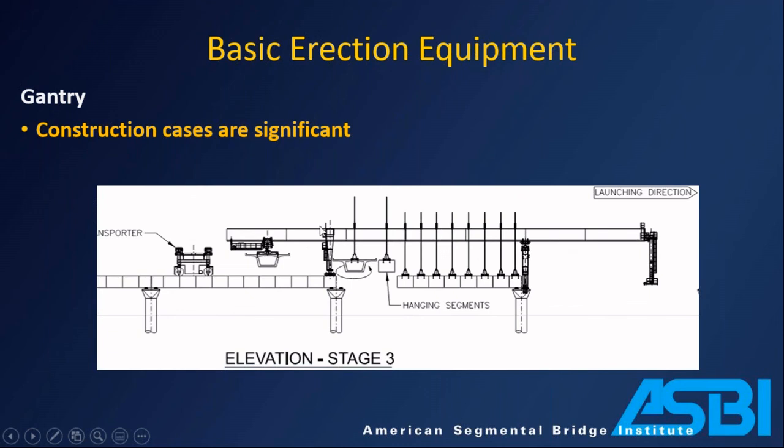This gantry that weighs hundreds of tons is sitting on top of it. It's supporting the weight of the next span. All of this is hanging off the gantry, which means it's going through these legs, which means it's going through this bearing. So a lot of weight and a lot of thought and engineering needs to go into these temporary steps and making sure that the bridge can carry them when it's built.